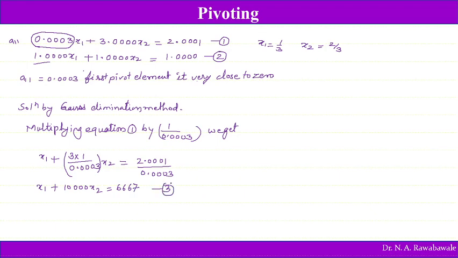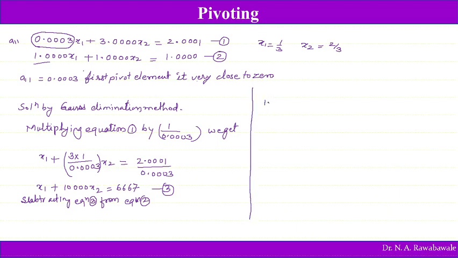Now this equation number 3 can be used to eliminate the first term x1. So equation number 3 is subtracted from equation number 2. So subtracting equation number 3 from equation number 2, we write both the equations here.